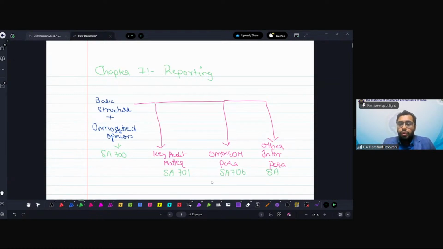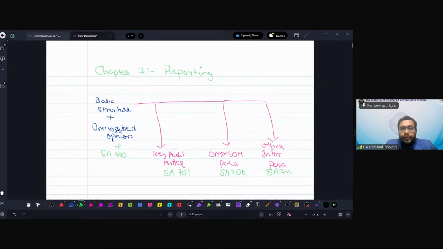So you will see a lot of information about these paragraphs in the respective SAs. Although we will have an understanding that if this paragraph is there, then this paragraph is required to be added over here.